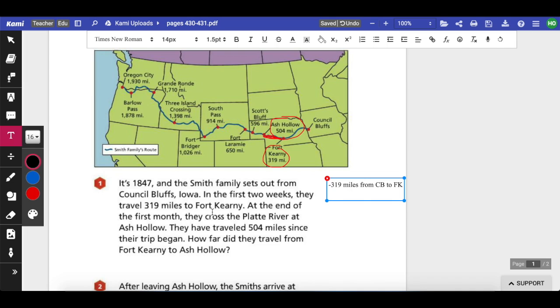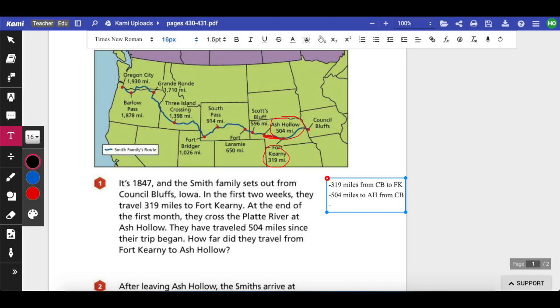At the end of the first month, they crossed the Platte River at Ash Hollow. They have traveled 504 miles since their trip began. So 504 miles to Ash Hollow, and I'm going to write AH. And that's all the way from the beginning, from Council Bluffs. So 504 miles to Ash Hollow from Council Bluffs.